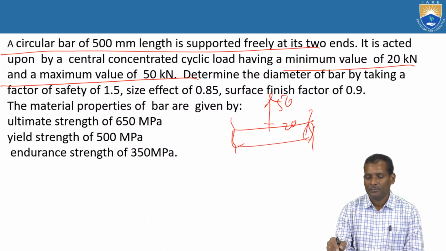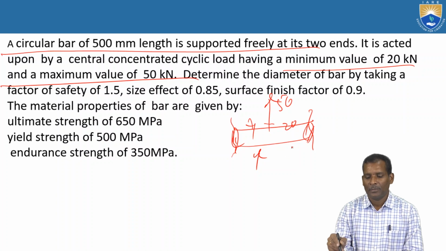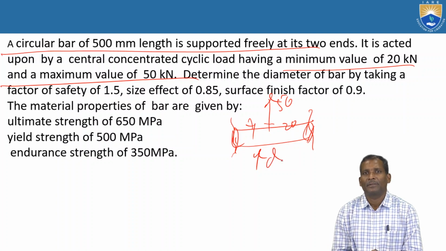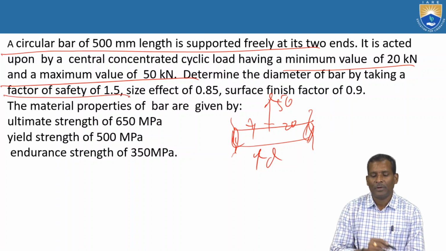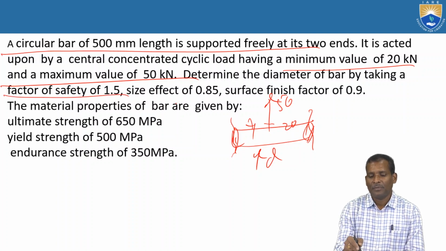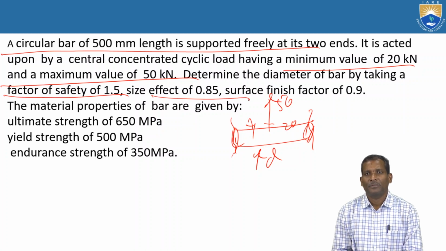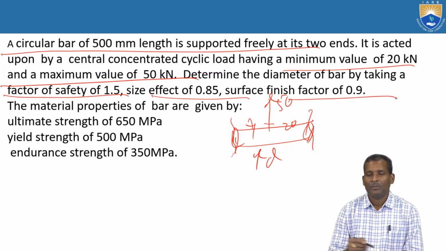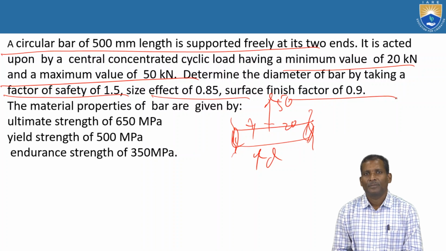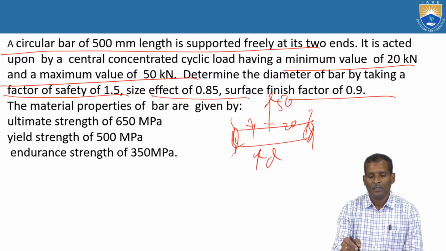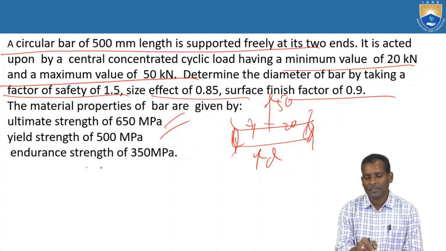Circular rod. Determine the diameter, you have to calculate the diameter, taking a factor of safety of 1.5, size factor 0.85, and surface finish factor 0.9. The material properties of the bar are given: ultimate strength, yield strength, and endurance strength are also given.